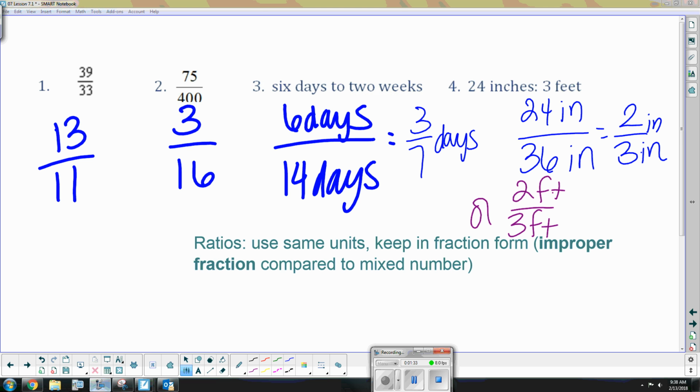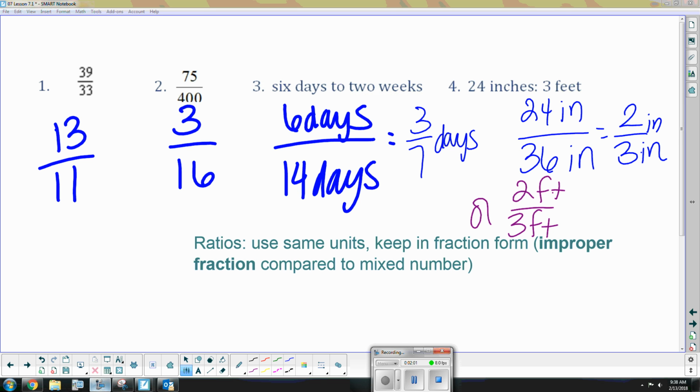In the first one, you can reduce both the numerator and the denominator by 3, and so you can simplify that as an improper fraction to 13 to 11. The second one, you can simplify both numerator and denominator by a factor of 25, which gives you 3 to 16. In number 3, you want to get those into similar units. So 6 days for every 14 days, which is 3 days to 7 days.